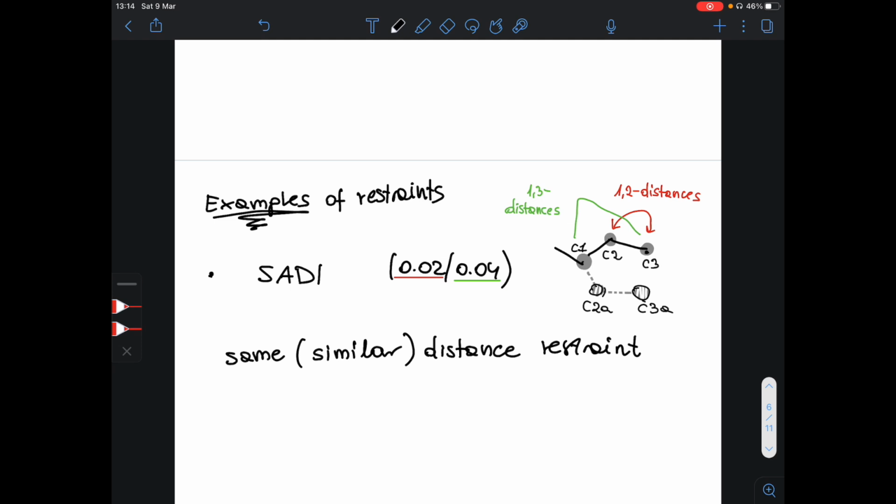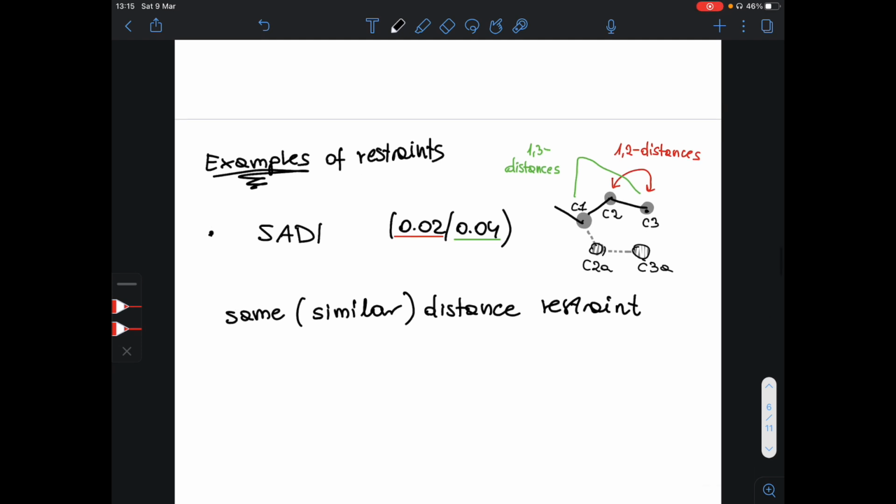And the distances that we can restrain in SHELX are 1-2 distances and 1-3 distances. 1-2 distances are basically between the 2 connected atoms, like literally connected with each other, and 1-3 distances are kind of angle restraints, right? Because if we define a 1-3 distance, it's basically like defining an angle between the atoms.